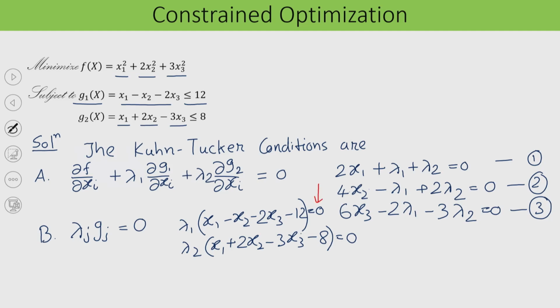This is equation 4 and this is equation 5. So, this is 1, 2, 3, 4, 5.